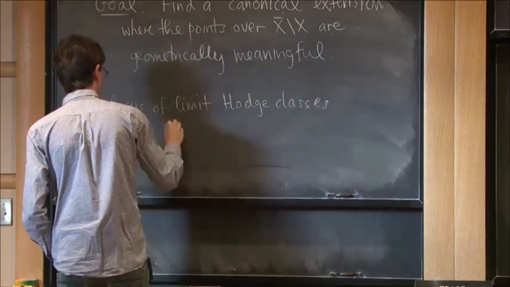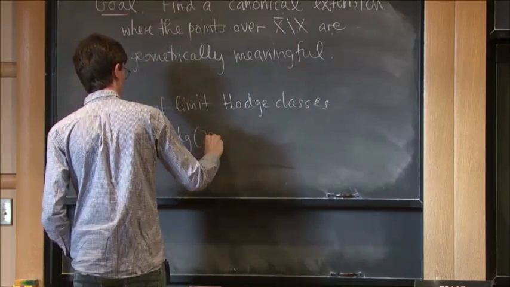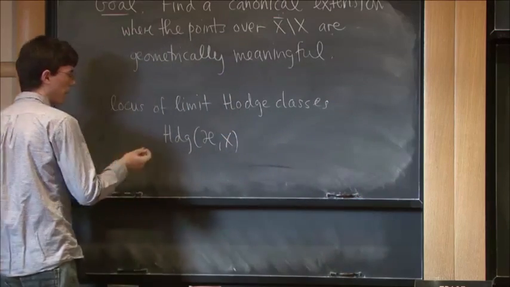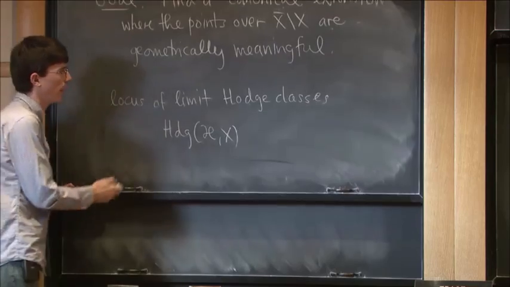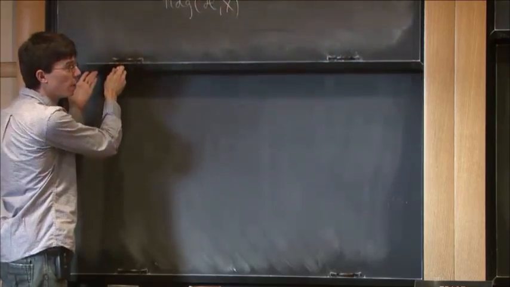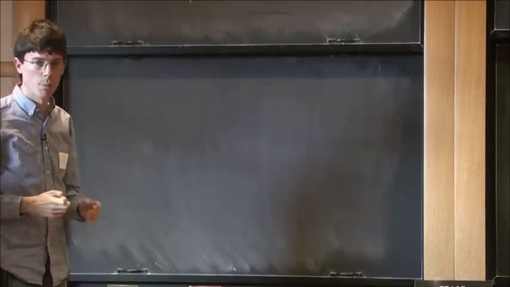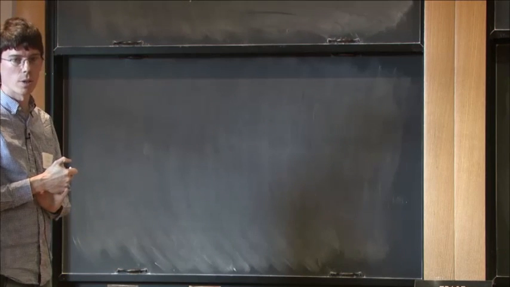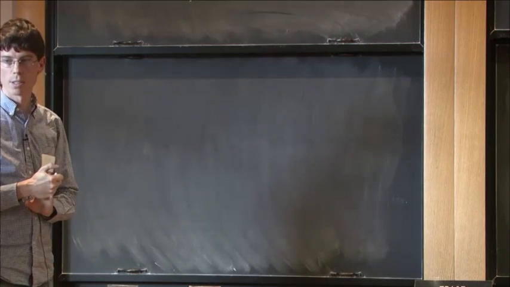So that I'll denote by something like this. And as the name indicates, the points of this space will be something like limit Hodge classes, or to be more precise, equivalence classes of limit Hodge classes.